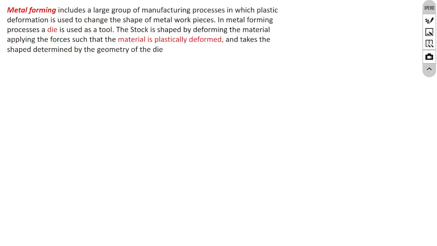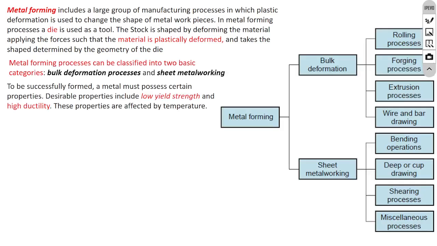Yes, dear students, metal forming includes a large group of manufacturing processes. See this classification: metal forming, bulk deformation, sheet metal working. In bulk deformation processes, the initial form of the body, the stock, has a thickness comparable with the other sizes.